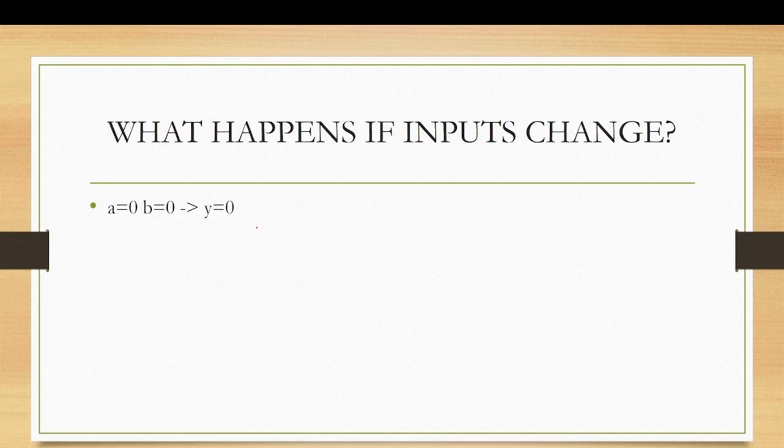Let's test it. Suppose A equals 0, B equals 0, then output Y equals 0. Now change the inputs. What happens? The output changes immediately. Nobody runs a loop. Nobody executes an instruction. The hardware simply reacts.